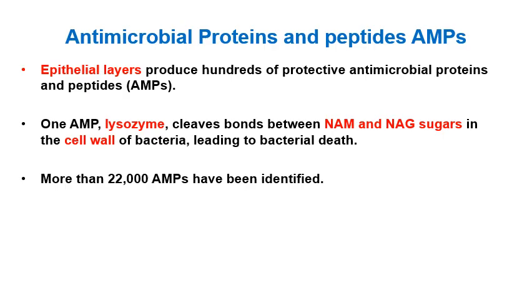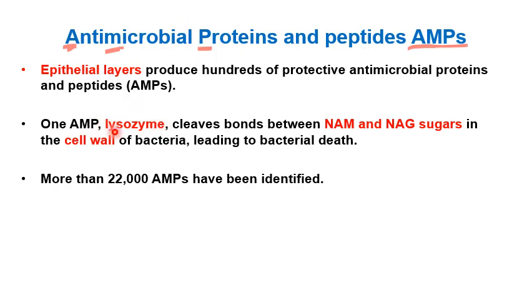Here, you have a lot of antimicrobial proteins and peptides that are part of your innate system. You call them antimicrobial proteins, or AMPs. You're going to find them on the skin and epithelial layers. Important proteins that you're going to find here are lysozymes.